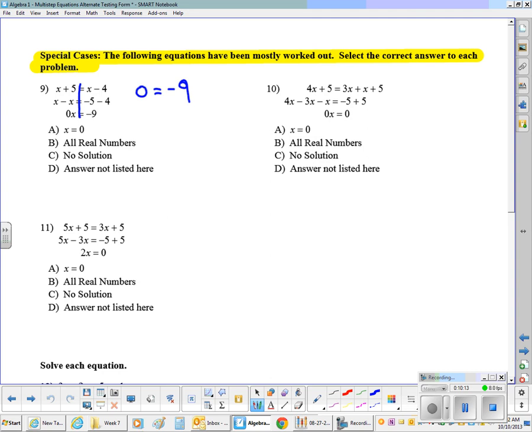We know that 0 is not the same as negative 9, so we would say that is false. So since it is false, we have a couple options here. It might be x equals 0, it might be all real numbers, it might be no solution, it might be answer not listed here. What do we think the answer is? If it's false, it makes sense to say, yeah, no solution.